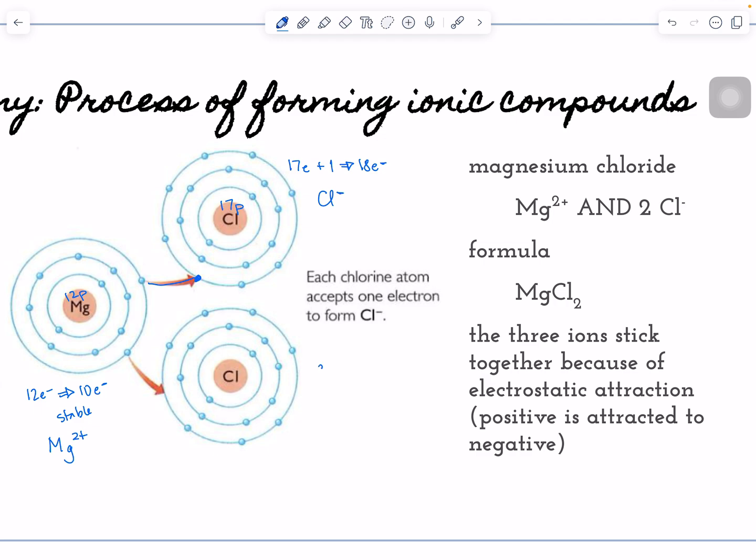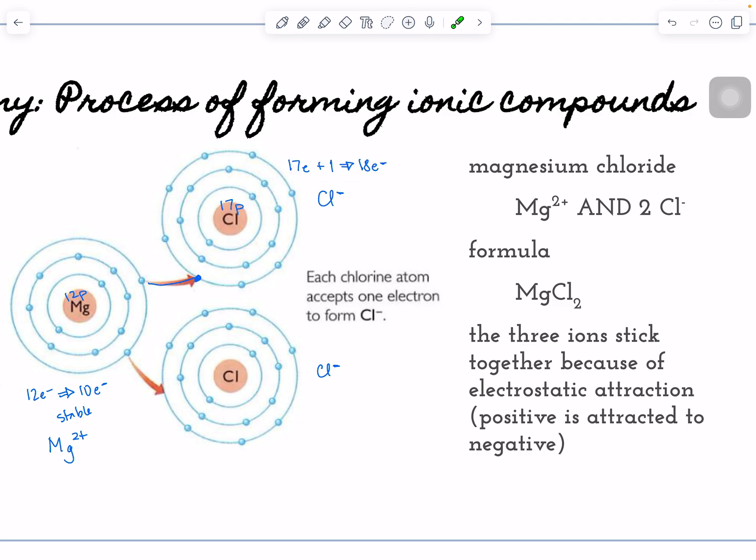Same thing happens to the other one. I have Mg2+. I need 2 negative particles in order to come to a 0 net charge.